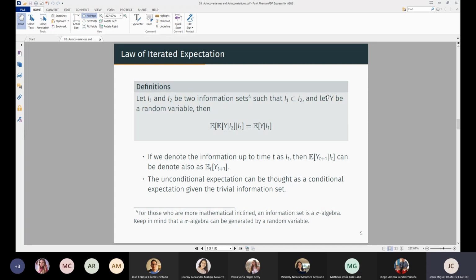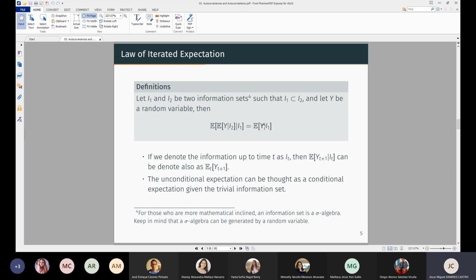Okay. Now let's say we have a random variable y. Then the conditional expectation given the set of information I1 of the conditional expectation of y given the set of information I2 will be the same as the conditional expectation of the same random variable y, but because of these guys I1 and I2, the smaller set of information is I1, then you put I1.